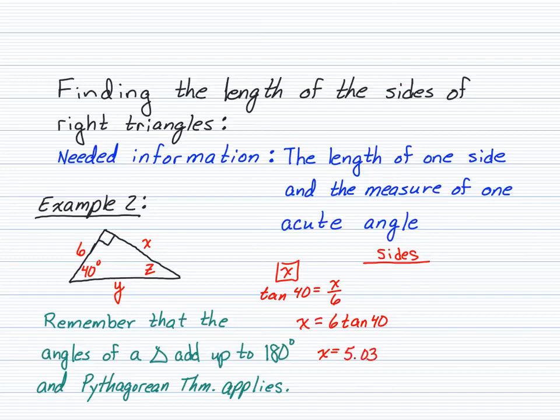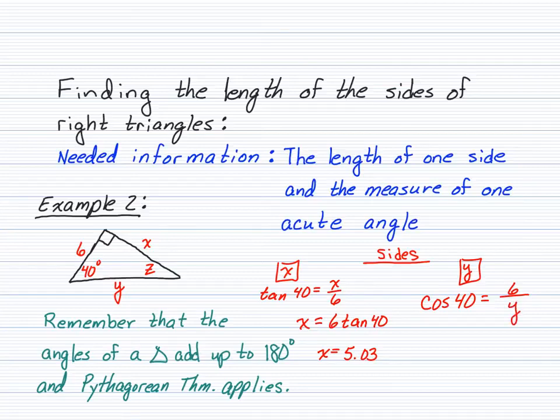All right, so now, if we do the same kind of thing to find y, y is our hypotenuse, and we are still using the 6, which is our adjacent. So adjacent and hypotenuse tells us we need to use the cosine function. So the cosine of 40 will equal the adjacent side, which is 6, over the hypotenuse, which is y.